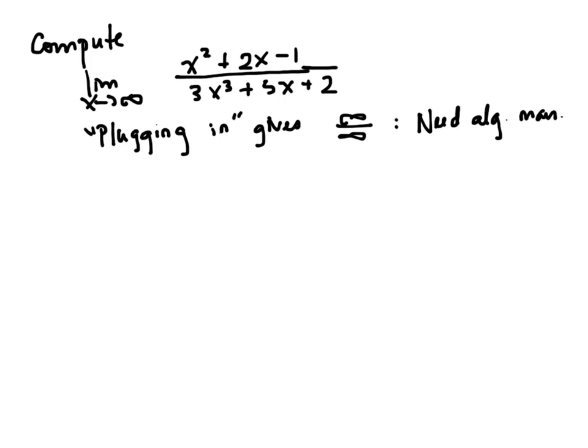Okay, so again, we're going to use the same tricks that we were using before. So I said, let's factor out the largest power of x that we can from the denominator, which would be an x cubed.